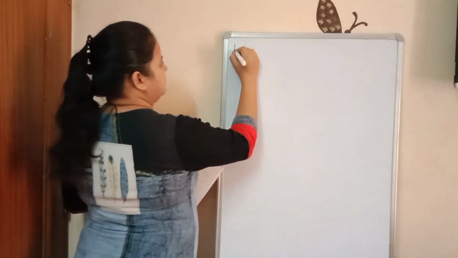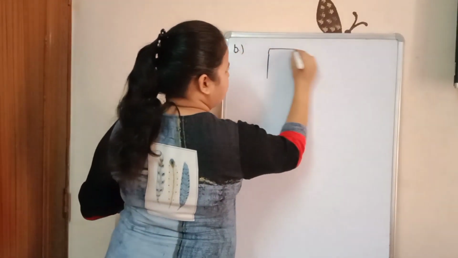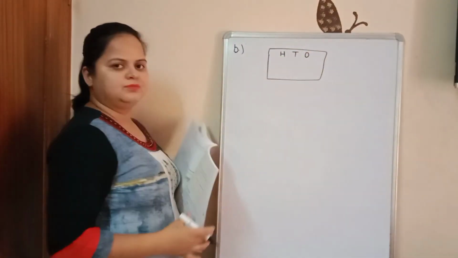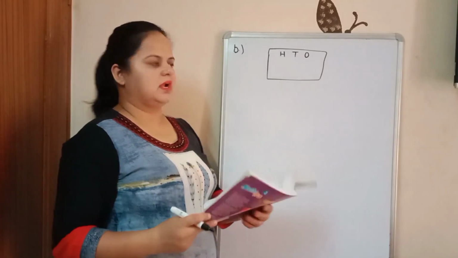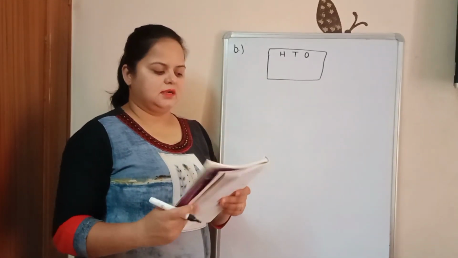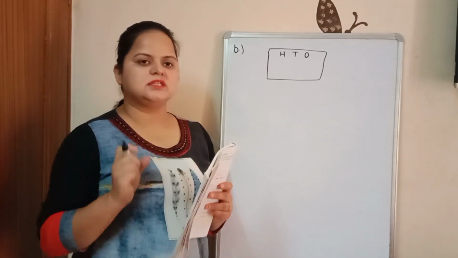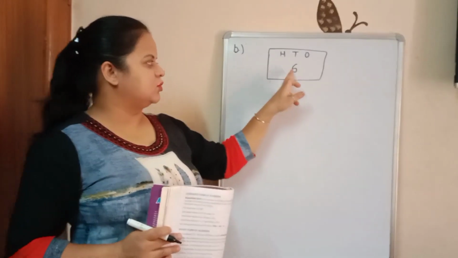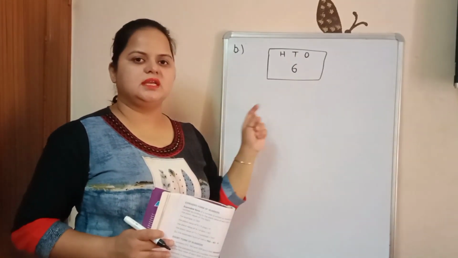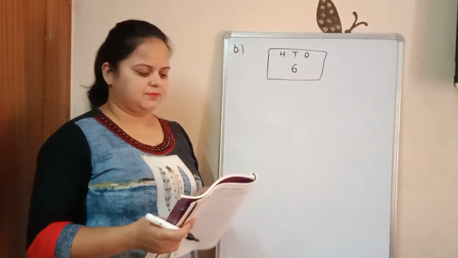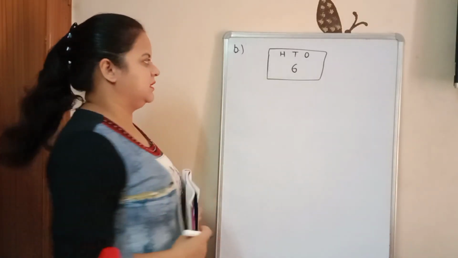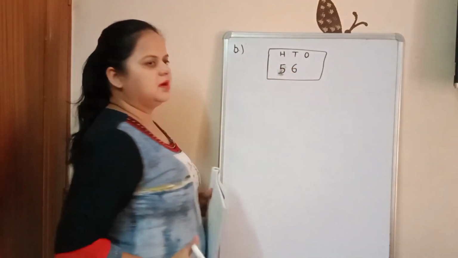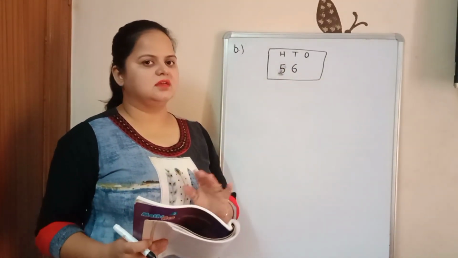In our next sum, again we are given one big box. In this box you have to write HTO, and now read it. 6 at the tens place means we have to write 6 below the T. What will we write below T? 6. 5 at the hundreds place: below H we have to write number 5, and 0 at the ones place.